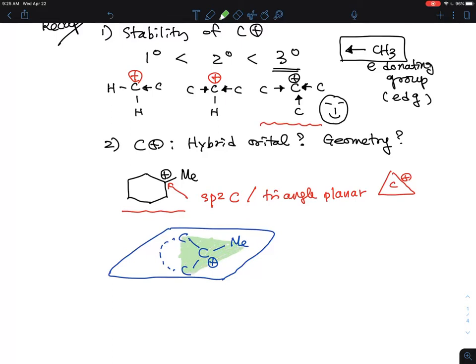and it is ready to accept the lone pair electrons coming from the chlorine. So let me see if I can put the chlorine here, with the lone pairs.